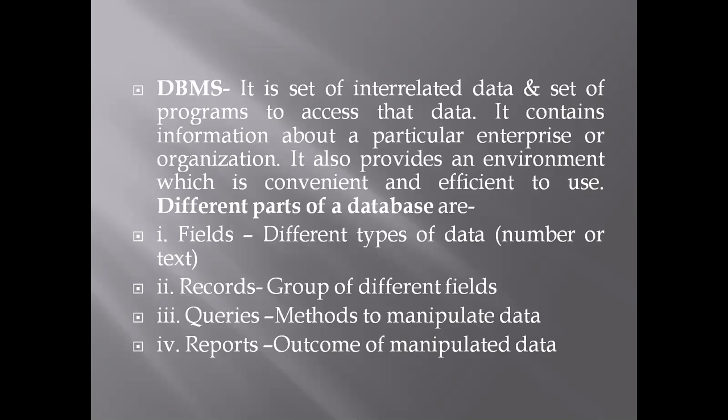So remember that different types of fields are there, number and text. Second part is the record, a group of different fields. For example, a group of names of employees, name of one organization, name of different organizations, name of different departments. So this is called records.